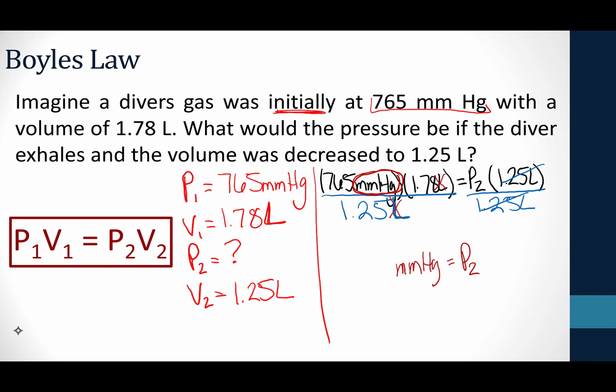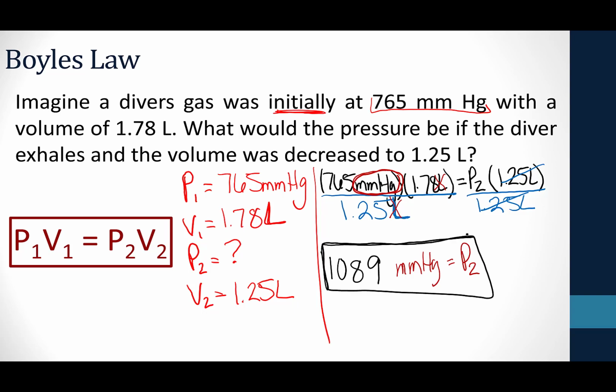All right, so I just need to plug this into my calculator, and it will spit out the answer for me. So we've got 765 times 1.78 divided by 1.25. And my answer is 1,089 millimeters of mercury.